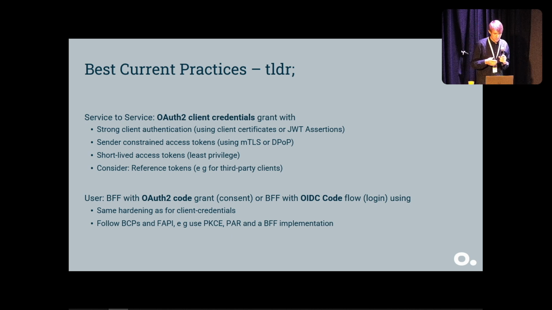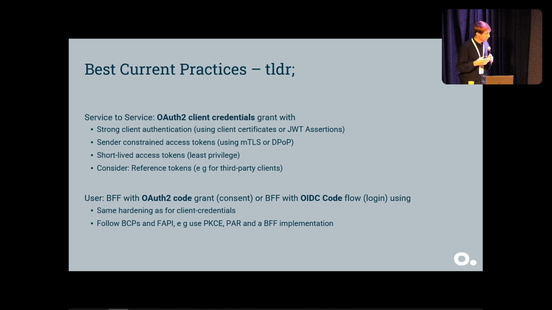Since we use this BFF pattern, we have a confidential client, a backend client. This means that we can use the same hardening techniques as we did with client credentials. So we can apply things like strong client authentication and sender constrained access tokens, even if the user is using a web browser.